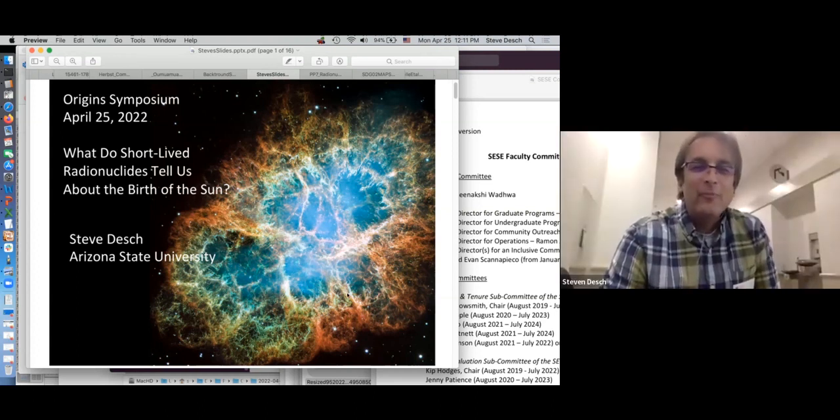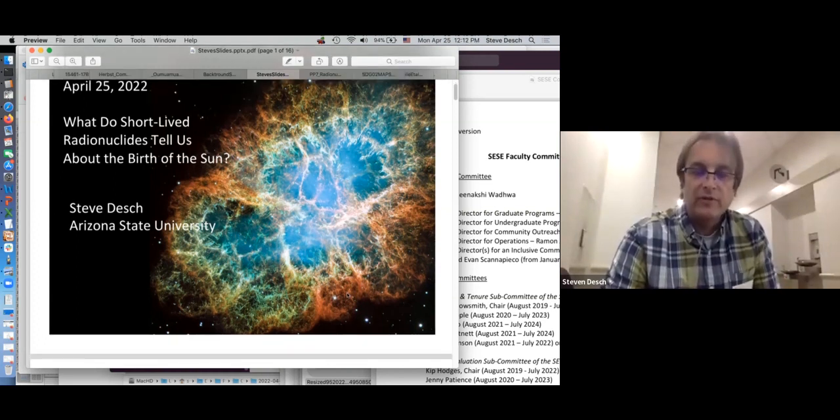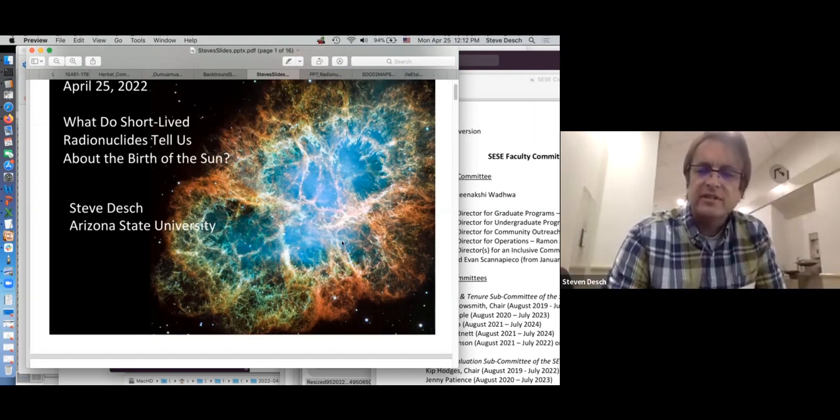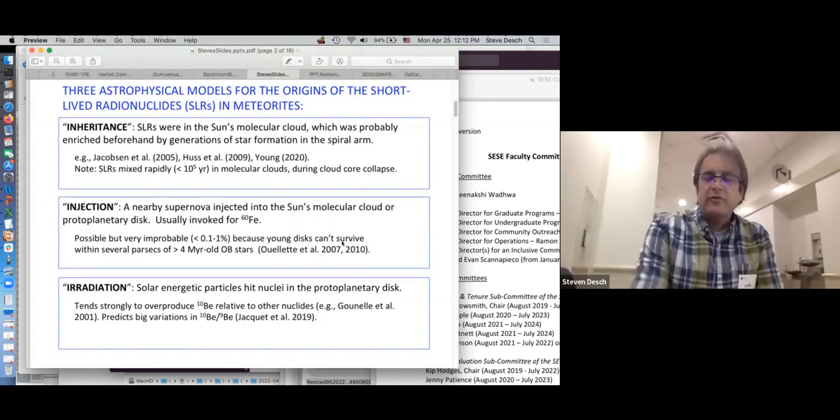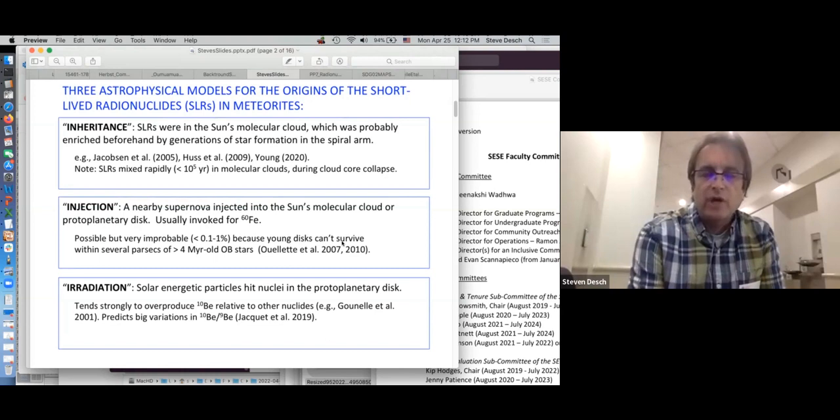All right. So what do short-lived radionuclides tell us about the birth environment of our sun? Astronomers have this idea that we formed near a supernova or something, but it's much more subtle and complicated than that. There are basically three families of astrophysical models for where the short-lived radionuclides came from, and there are so many that I really couldn't do a good job of reviewing all of them. Inheritance basically posits that the radionuclides were already in the sun's molecular cloud, the long-lived, the short-lived, all of them.